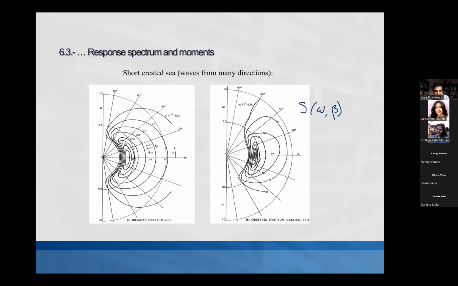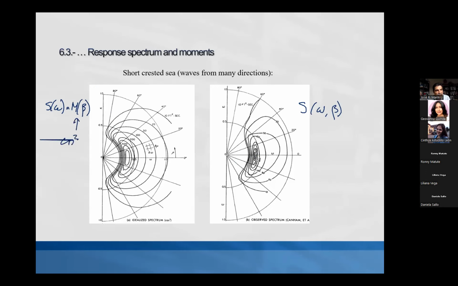So you see that this has some funny shape here and all of that. And here, they model this with the product of the spectrum and the spreading function, like that. And this is the cosine square model.